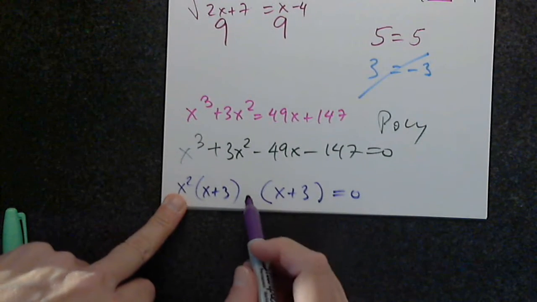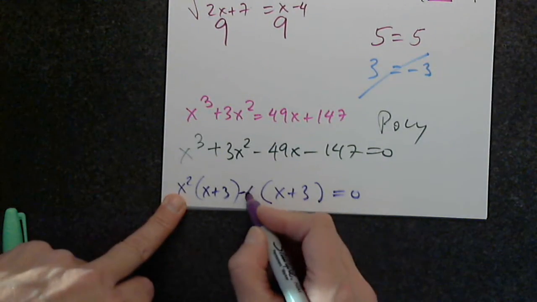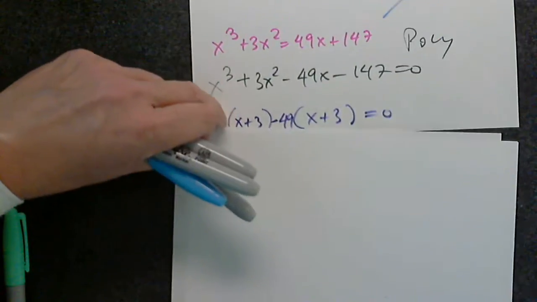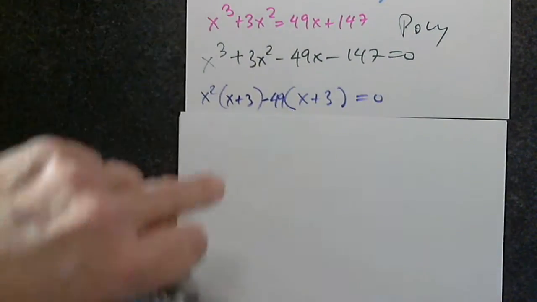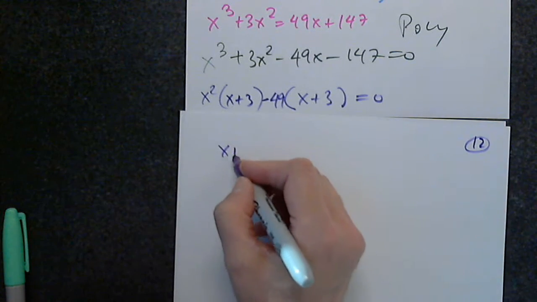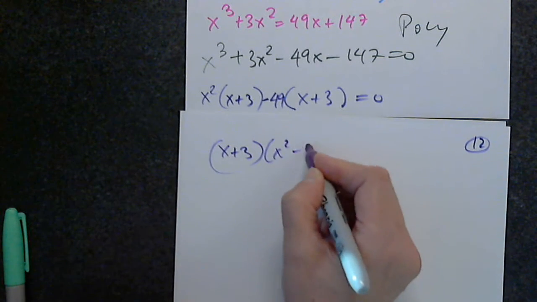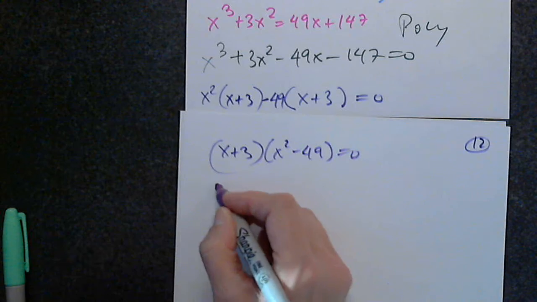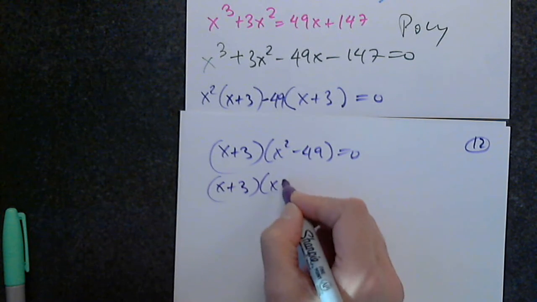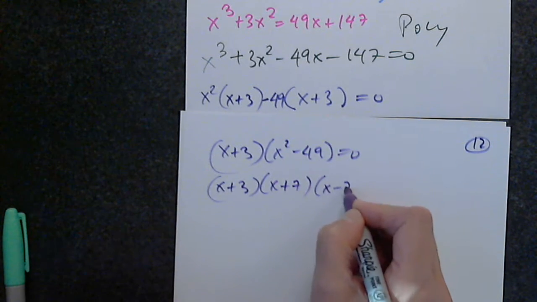And the answer here is indeed. And then I will factor out x plus 3, and then x squared minus 49. And then x plus 3, x plus 7, x minus 7.